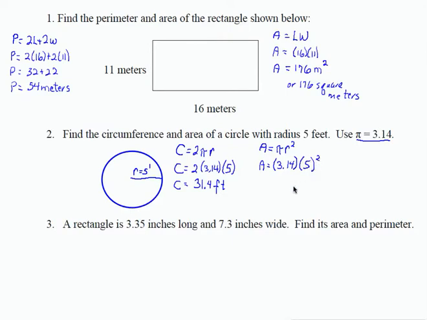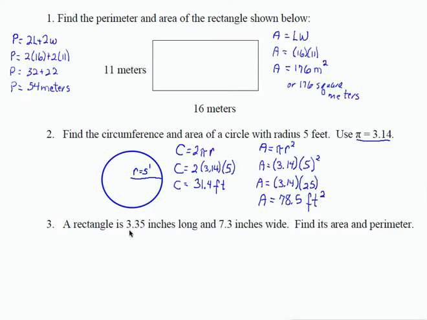If I multiply that out, I'm going to get 3.14, and 5 squared, 5 times 5 is 25. My area then is 78.5, and I need to include my units, which are going to be square feet, which I can label this way.